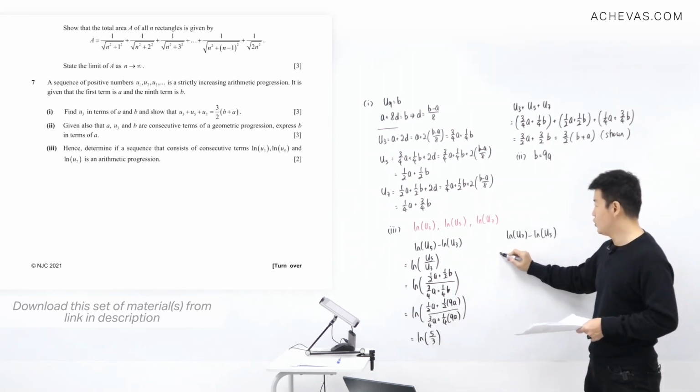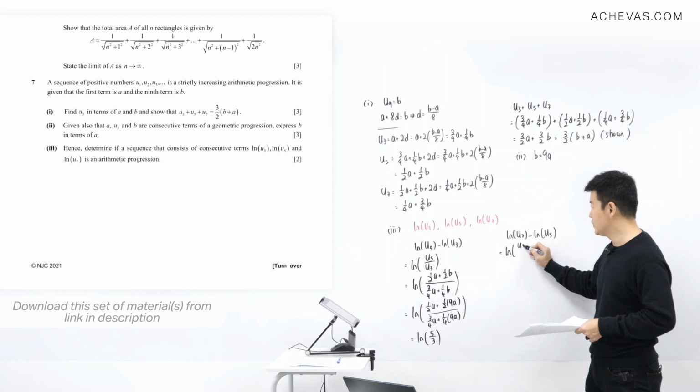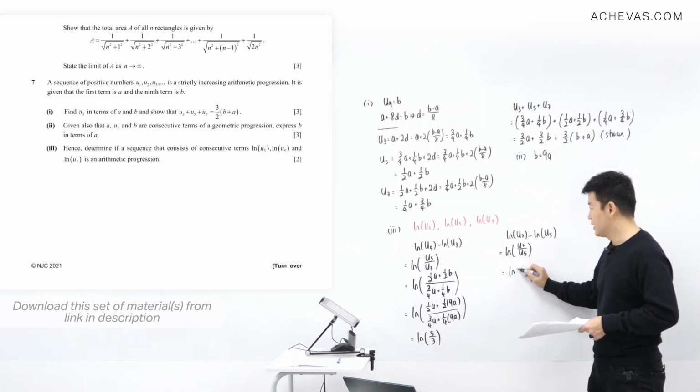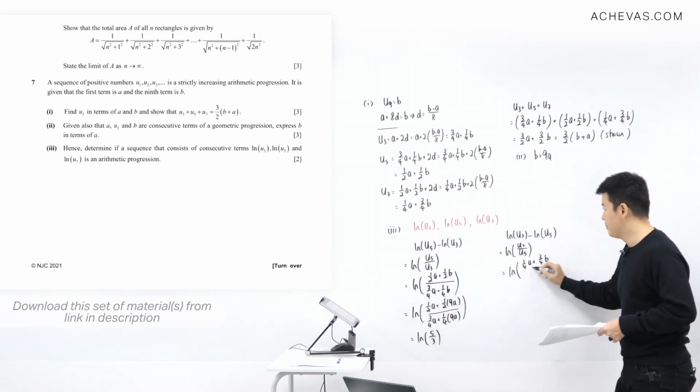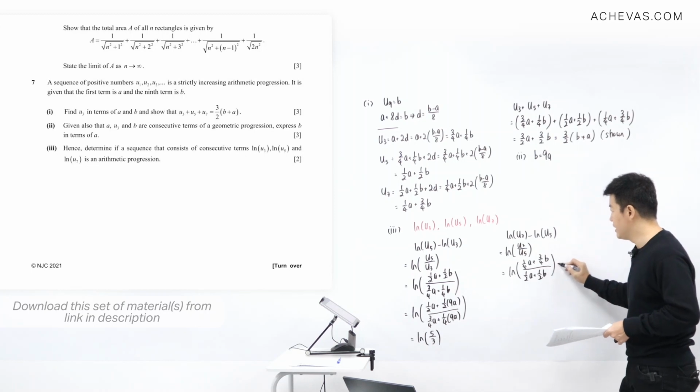So this is equal to ln of u7 divided by u5. It is going to be ln of u7, which is 1/4 a plus 3/4 b, divided by u5, which is going to be half a plus half b.